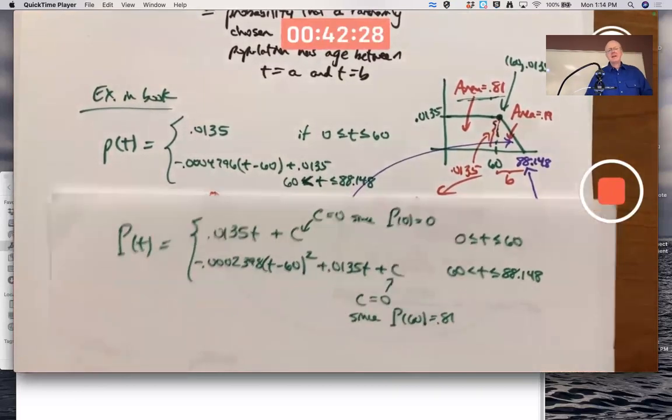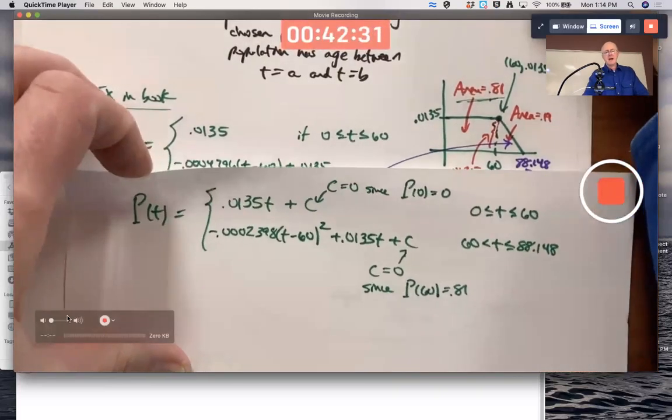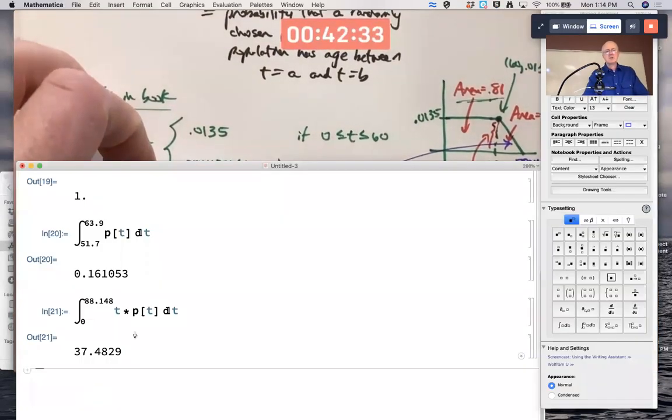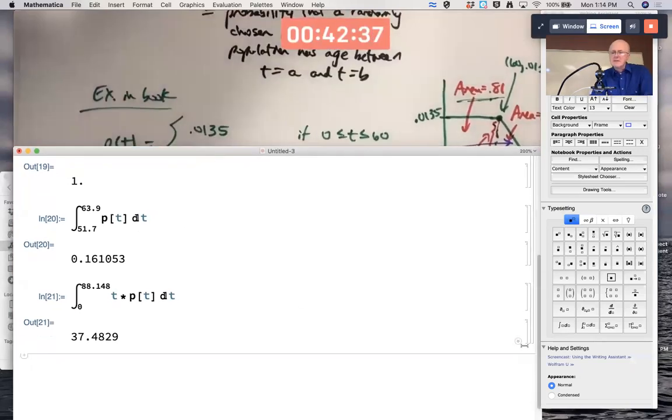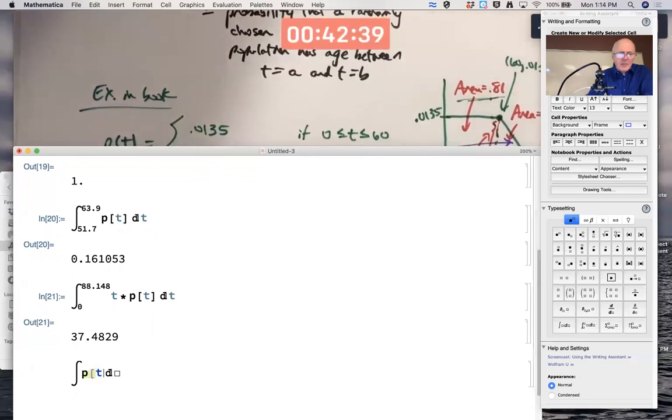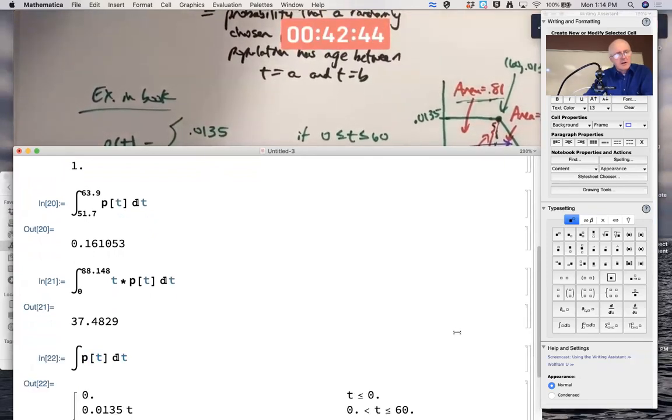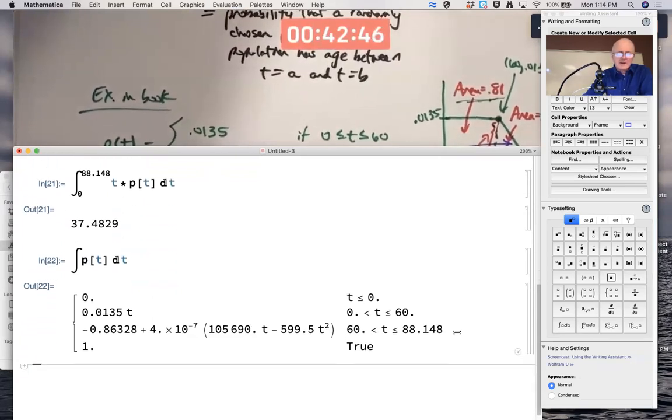Unfortunately, when I tried integrating this on Mathematica to confirm the formula for capital P, Mathematica wasn't doing it. Sometimes it seems like it does it, so I was a little confused. I tried doing this. Well, maybe if I do it as an indefinite integral, we'll do it. I think I did it as a definite integral before. Okay, yeah, that's better.